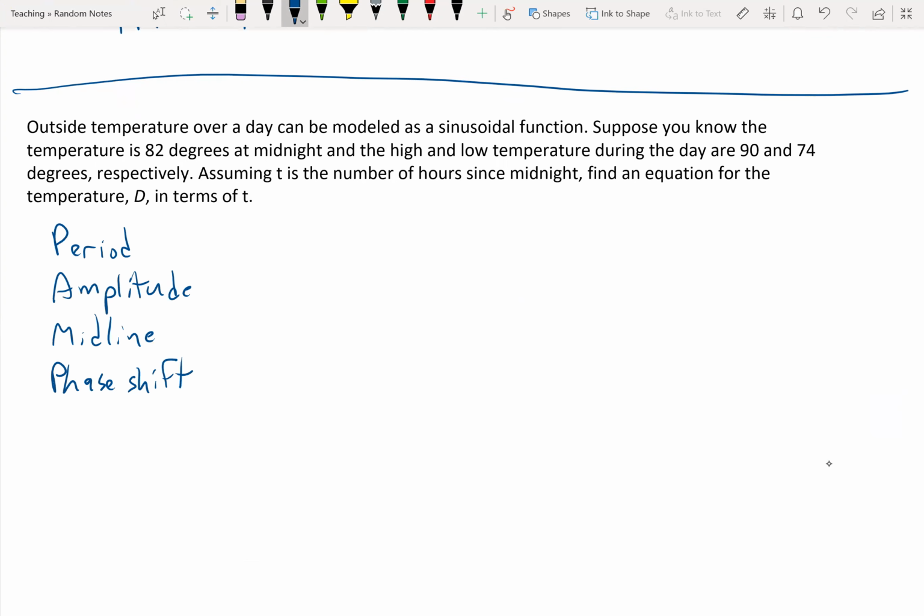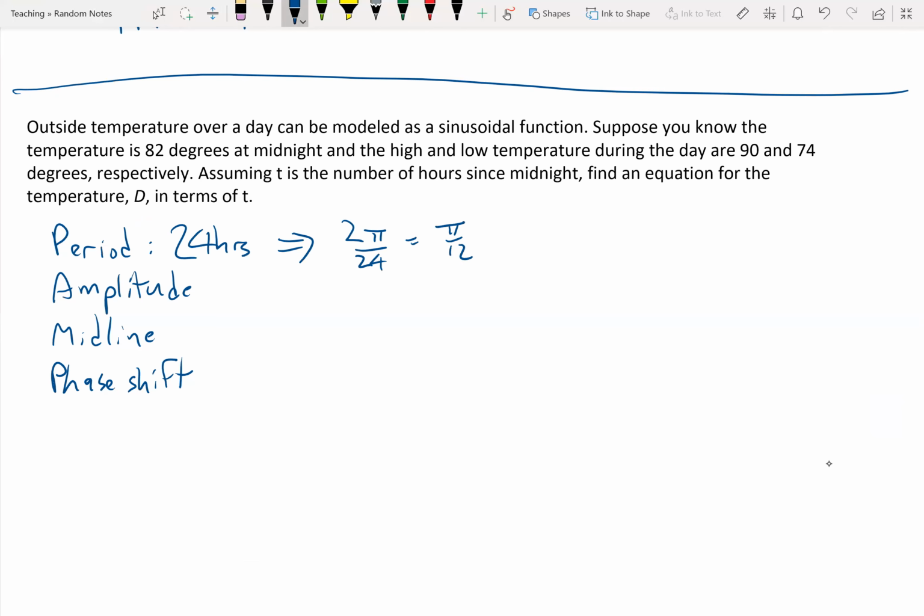In this case, over a day, the period is 24 hours, which means 2 pi over the period gives us the coefficient of x, which in the formula is b. So 2 pi over 24 reduces to pi over 12.